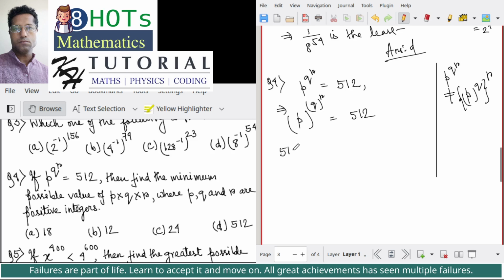If p is 512, then definitely its power has to be 1. What is the power? The power is q to the power r. If q to the power r is 1, then there are some possible values. I think we have to do it systematically.